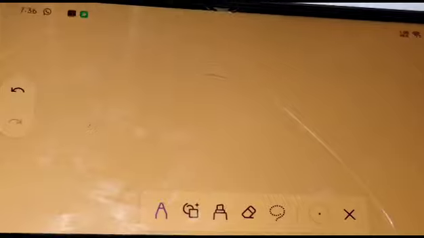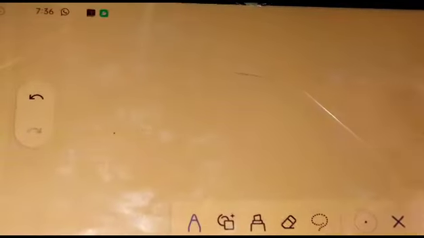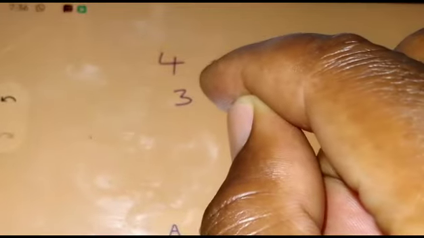I want to use this application here to be able to follow my proceedings. So I have a question here that was requested from the cohort I'm teaching, and the question involves, let's say you have a matrix with the following: 4, 2, 3, and 1.